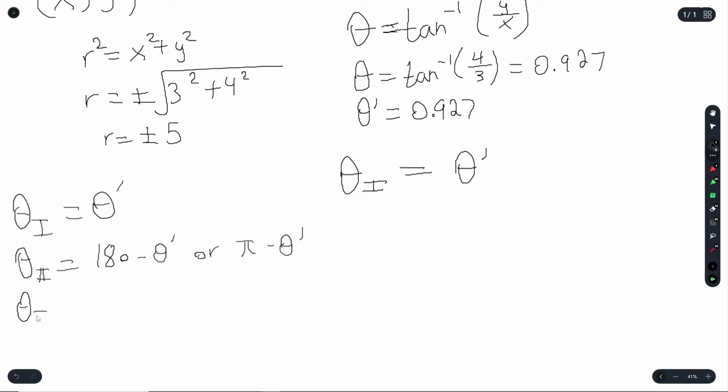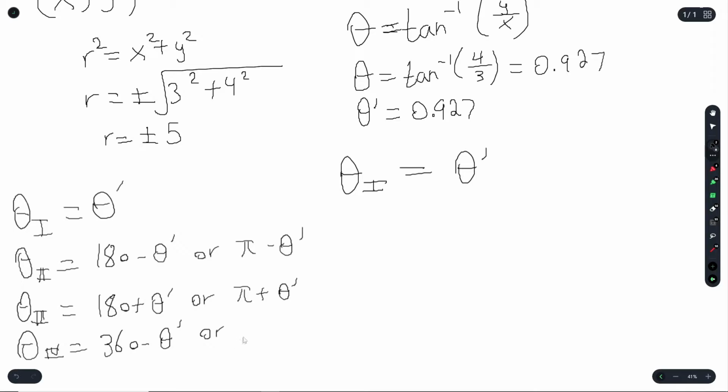For quadrant 3, it's equal to 180 plus theta prime, or pi plus theta prime. For quadrant 4, it's equal to 360 minus theta prime, or 2 pi minus theta prime.